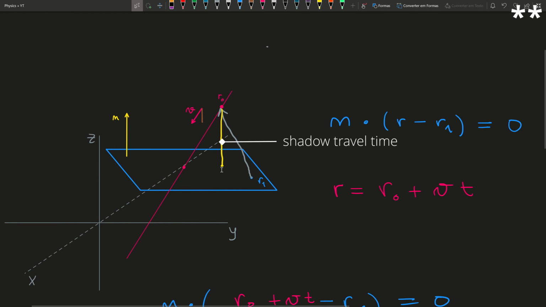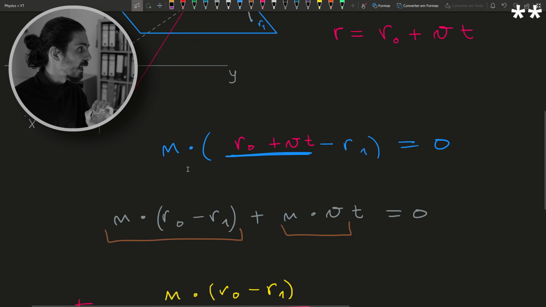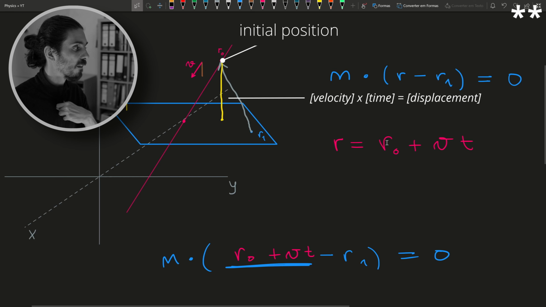And so the ratio of this numerator and denominator will give me the time taken by the shadow to move from r0 up to this point, which is the same as the time that it takes me to move from r0 up to the intersection point. As a result, from this time t, now we can go back to this formula, substitute that t here, and it will give us from the initial position the current position, which is r, the intersection point.